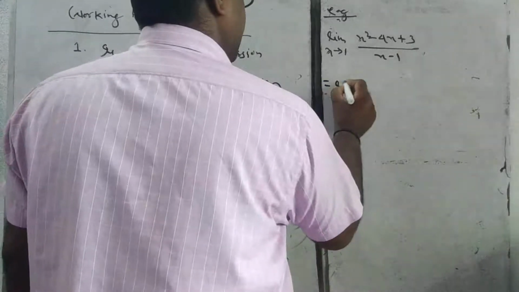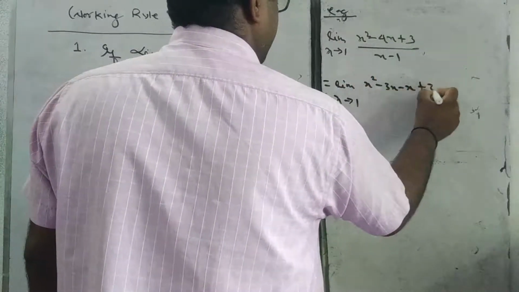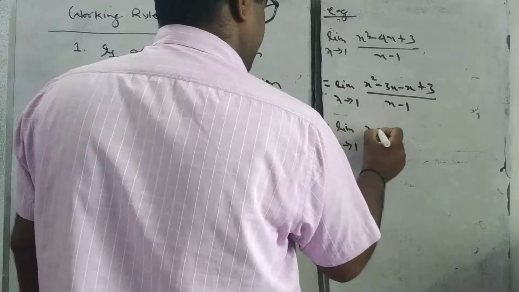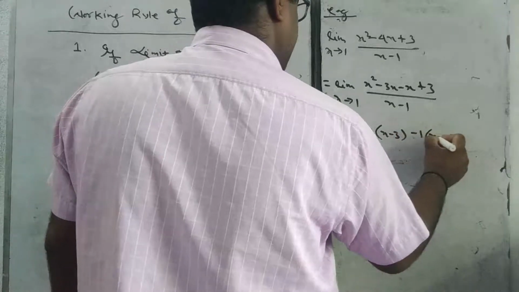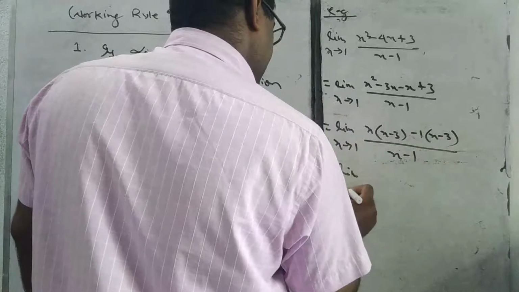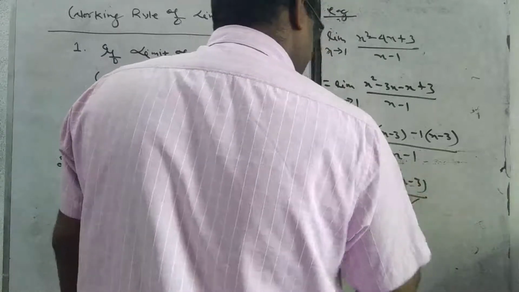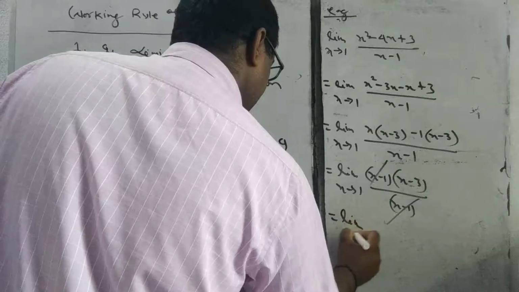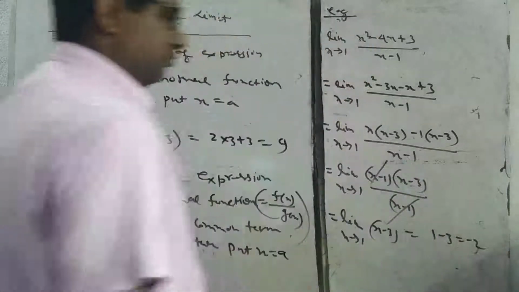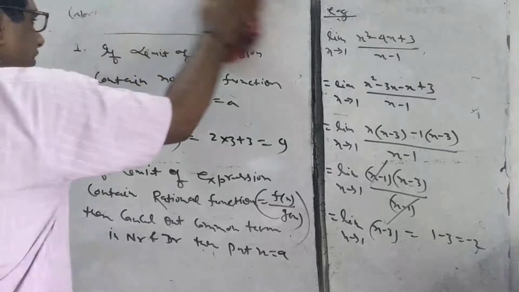So we can write limit x tends to 1, x square minus 3x minus x plus 3 upon x minus 1, or limit x tends to 1, x minus 1 into x minus 3 upon x minus 1. Cancel out x minus 1. So limit x tends to 1, x minus 3 is equal to 1 minus 3, that is minus 2. So just put the value x equal to 1 after simplification.